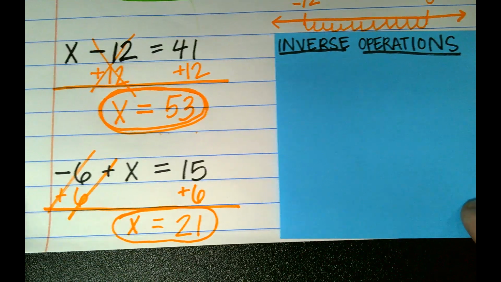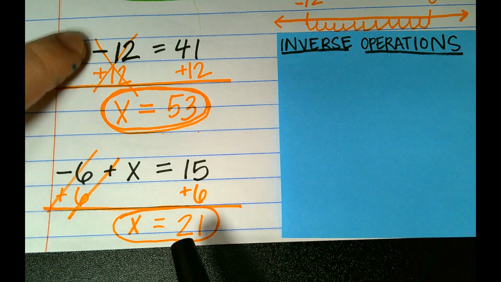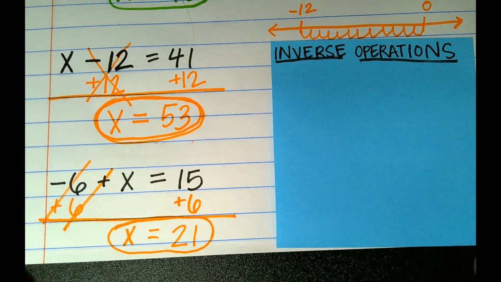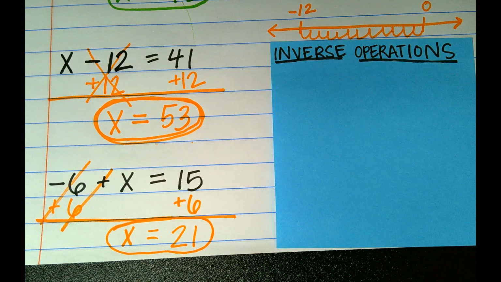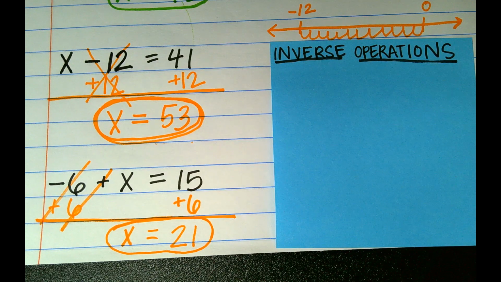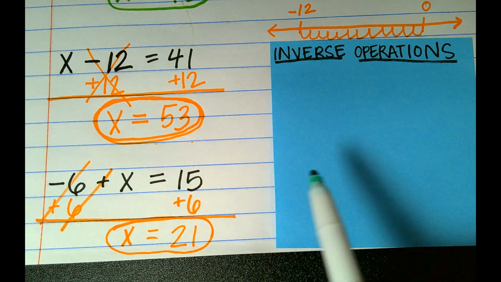When we're solving an equation, notice how we're always doing the opposite. That's what this is called. We're using inverse operations. So we're going to make a little guide so that as we move on to other equations, we know exactly which operation to use because we're going to have a little cheat sheet here.